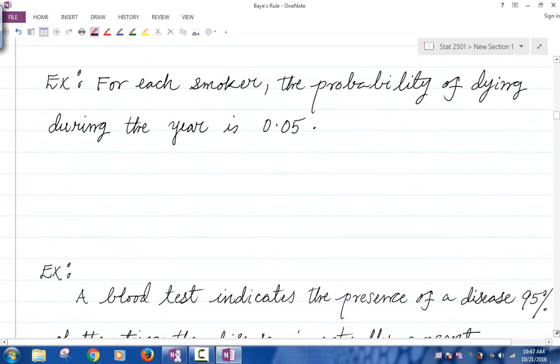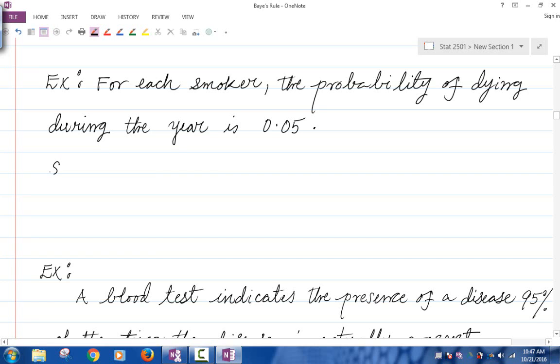Okay, one more. For each smoker, the probability of dying during the year is 0.05. So here I can take two events again.